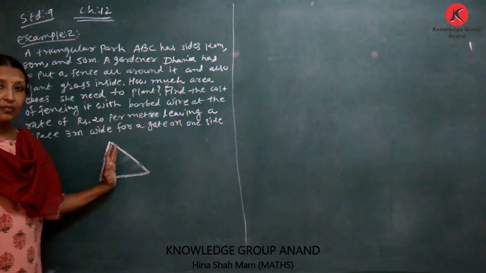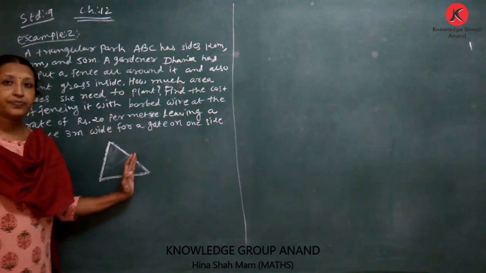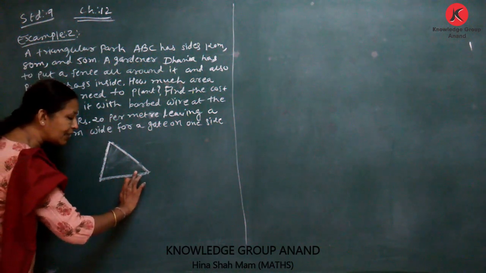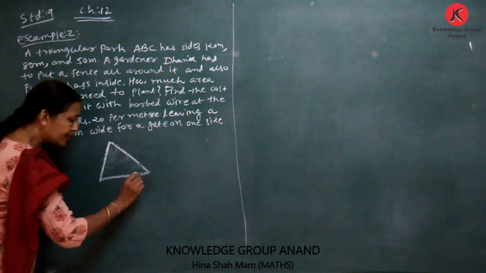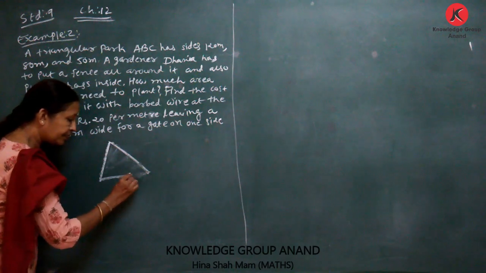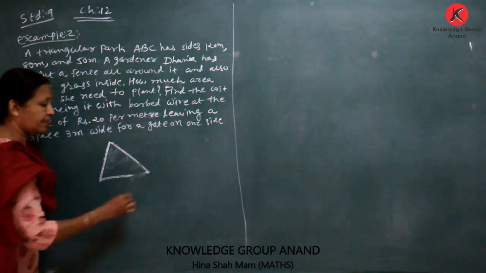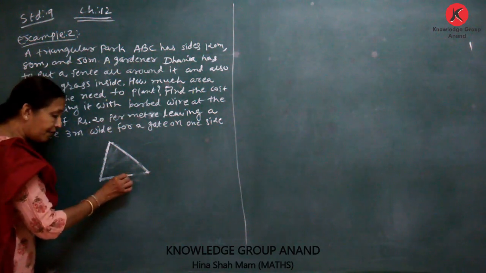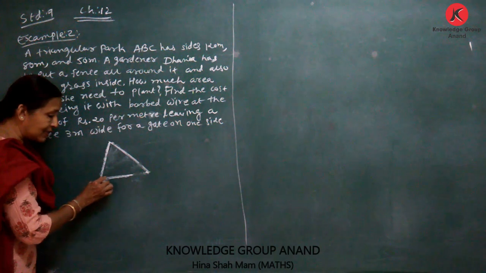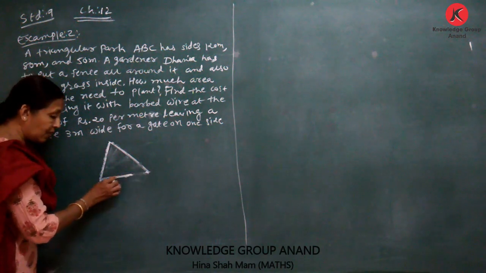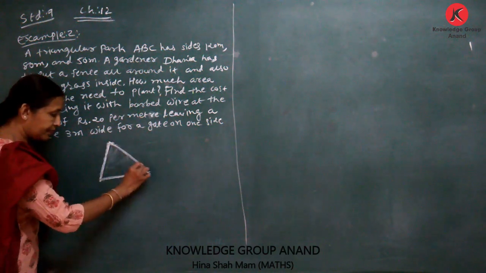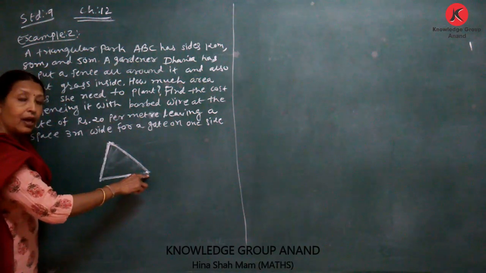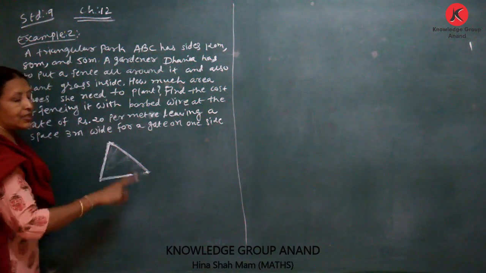This is a closed figure. Suppose here is a 3 meter gate. Where the gate is, there is no fencing; the fencing is on the rest of the sides. Then we find the fencing and the cost of the wire.